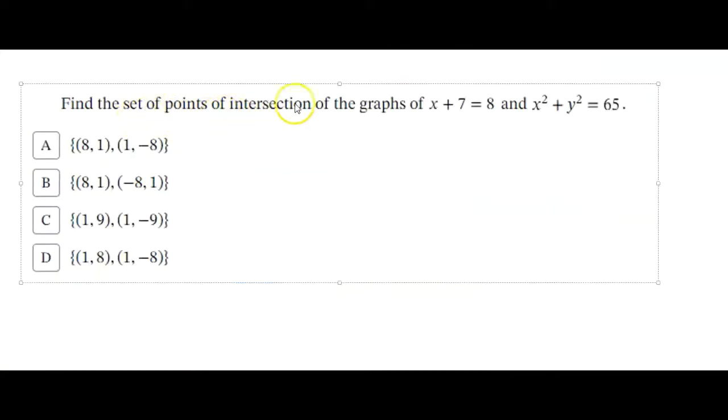Find the set of points of intersection of the graph x plus y equals to 8 and x squared plus y squared equals to 65. In other ways to ask the same question, you can ask: find the solution of x plus y equals to 8 and x squared plus y squared equals to 65, or we say solve these simultaneous equations.